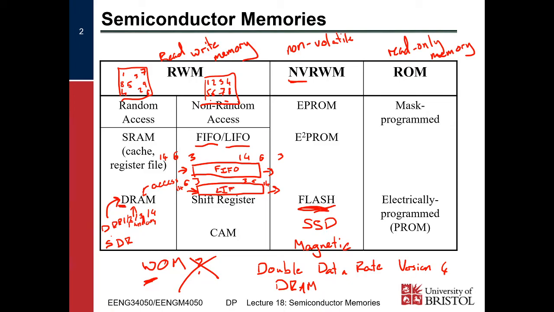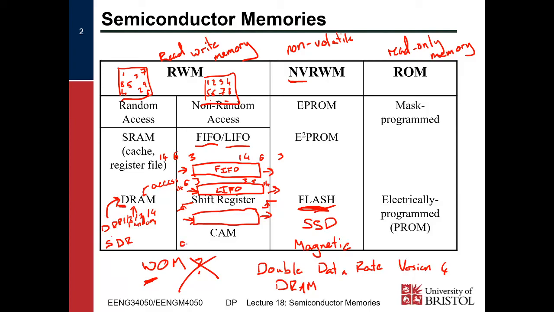Notice you can't just access any element of the memory, you have to read them out in order, so it's non-random access. A shift register is basically just a FIFO, but you can't tell it when you want data out. Data goes in on every clock cycle, and data comes out on every clock cycle with a shift register.